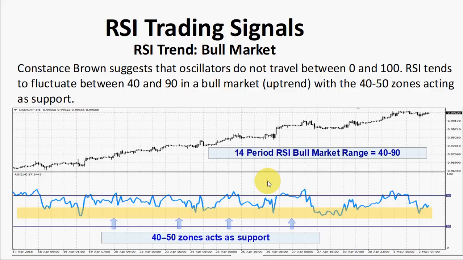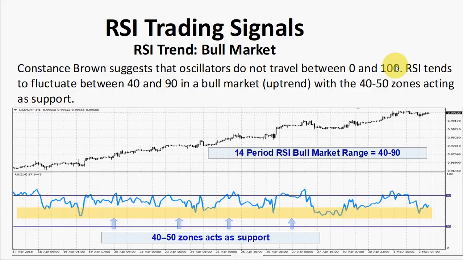Wow, doesn't travel between 0 and 100. That's what we have been saying so far. But Constance Brown is suggesting to us that no, oscillators do not go between 0 and 100. Brown identified a bull market range and a bear market range for RSI. So there are two types of range, the bull market and the bear market.